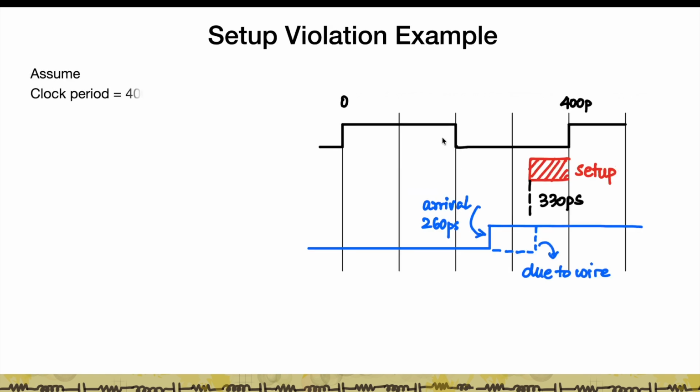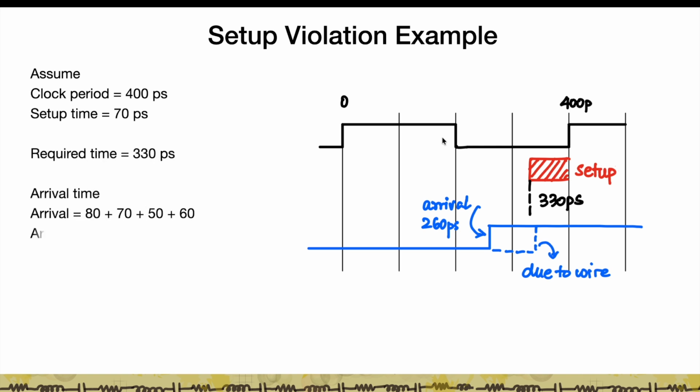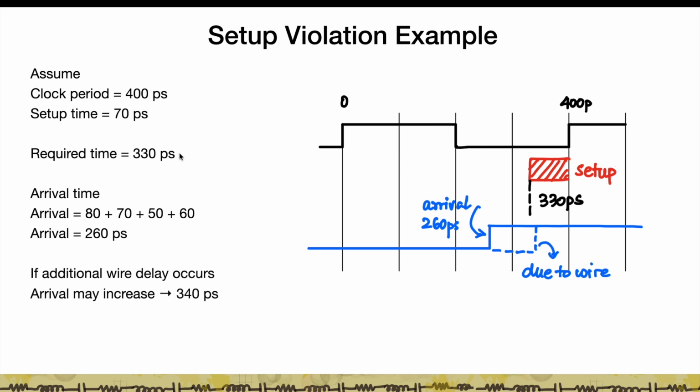Let's do the timing arithmetic. Assume a 400 picosecond clock period and a 70 picosecond setup time at the capture flip-flop. That gives a required arrival time of 330 picoseconds. The data must settle before the clock edge minus setup time. Now, under nominal conditions, the path delay, launch FF plus NAND plus inverter plus NOR, adds up to 260 picoseconds, a healthy positive slack.